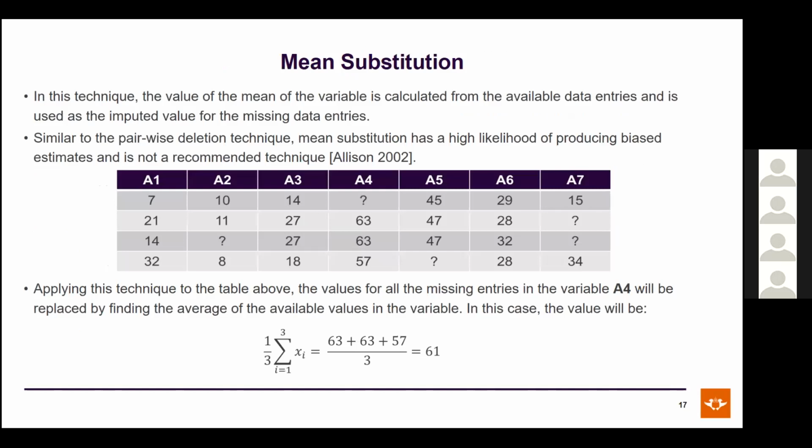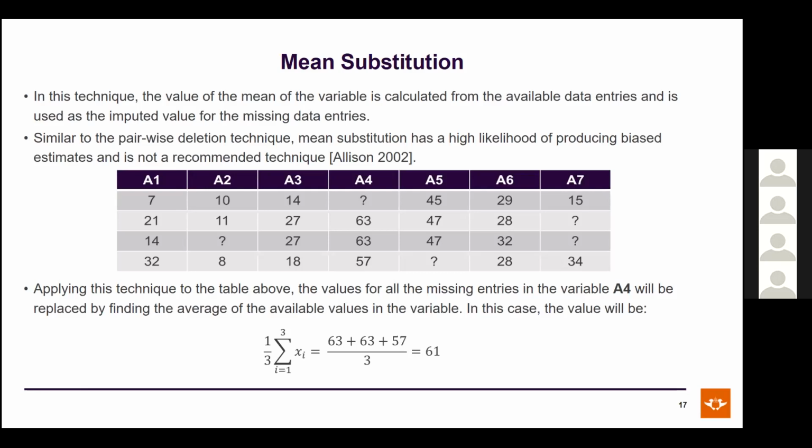Then we have mean substitution, which was mentioned earlier. With mean substitution, we're saying that for your missing data, we take A4 again and replace the missing information, the question mark, with the mean of the available data.